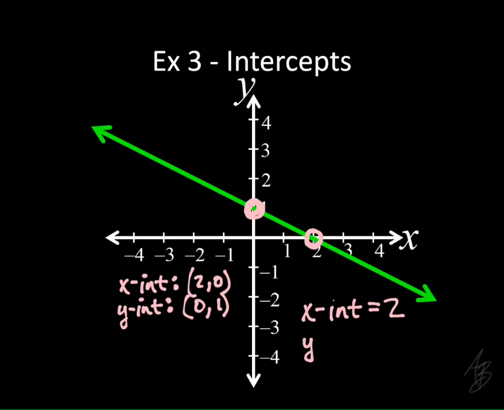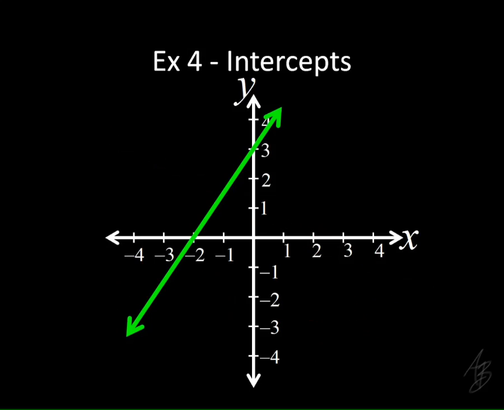And we're going to say that the y-intercept is what? 1. And that's it. These ordered pairs mean the same thing as this, because we know that the x and the y have to be 0 when the y-intercept is something and the x-intercept is something.